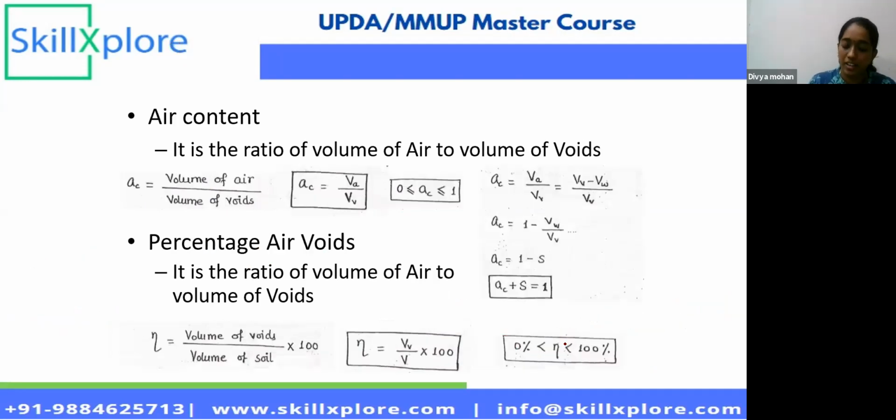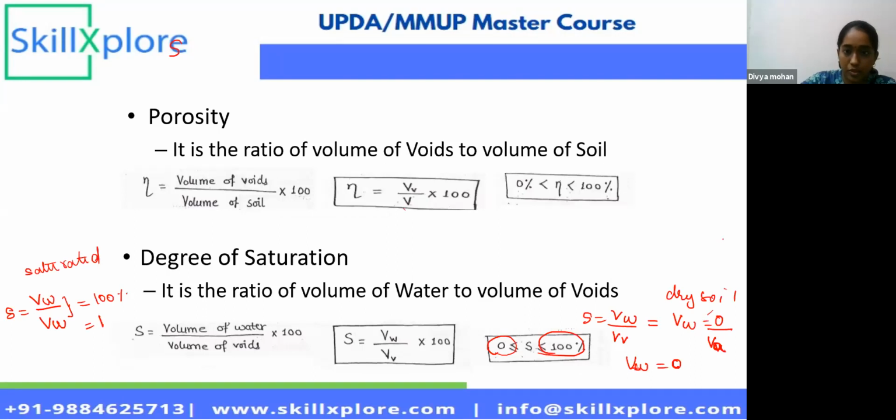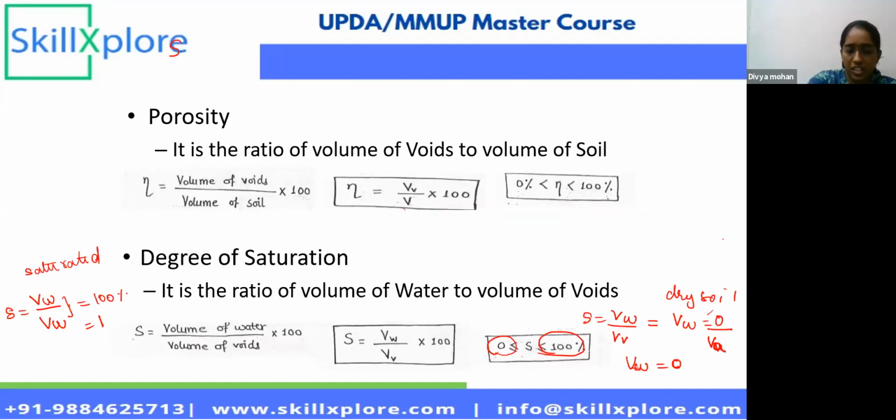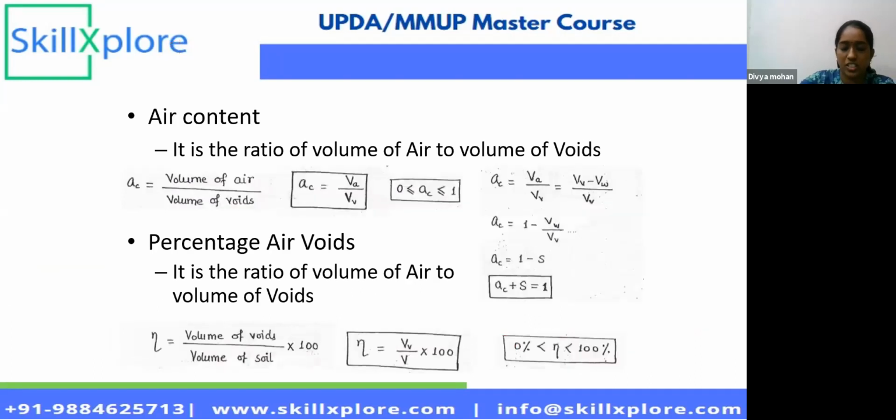Next, air content. Air content is nothing but the ratio of volume of air to volume of voids. So we can say it is a counterpart of degree of saturation. While the degree of saturation deals with water, the air content deals with air. AC is VA by VV. For degree of saturation, we tell it in percentage.